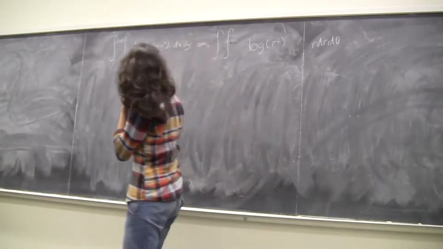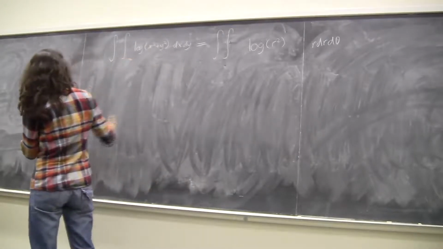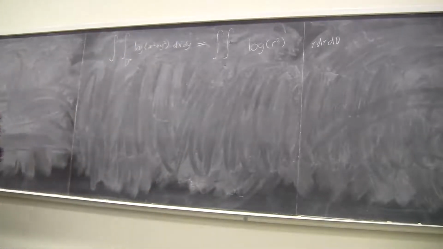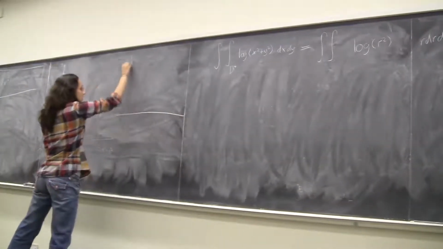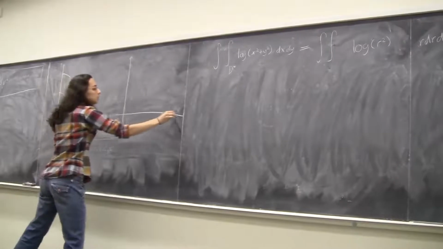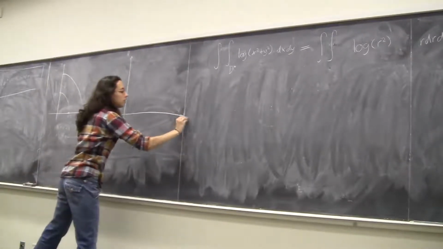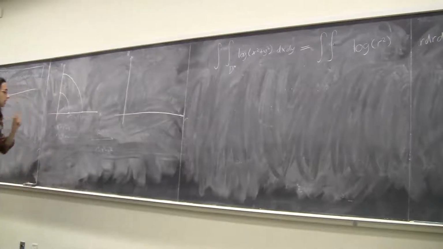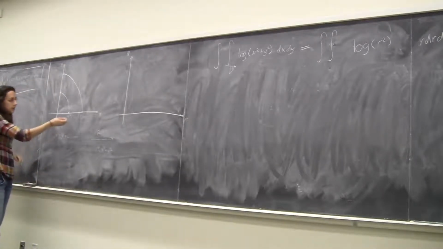Okay, so now we need to figure out what this region D star should be. So let's draw our polar coordinate system with theta here and r here. Now the r's, let's just do this geometrically first, and we can look at it algebraically.